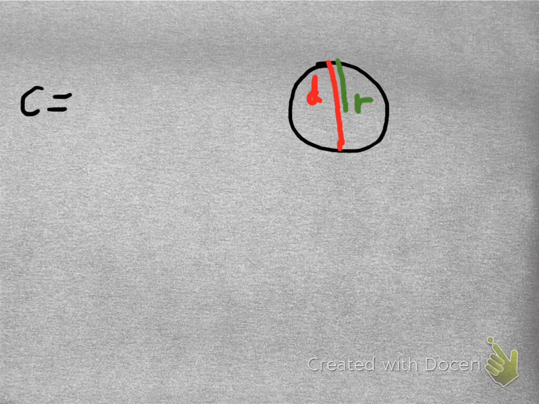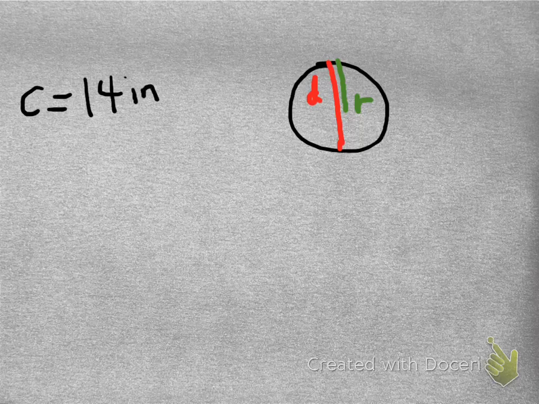So let's say the example here is the circumference is 14 inches. That means circumference, remember, means the measurement around the circle. So if we already know that, that means that we know this equals 14. But they want us to find the diameter.